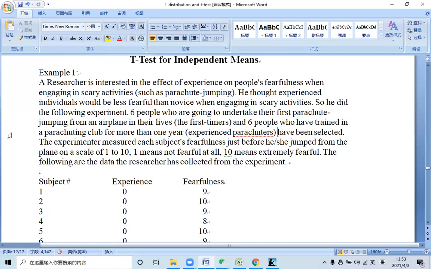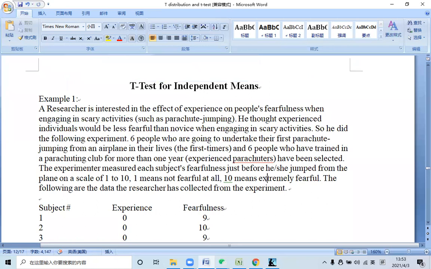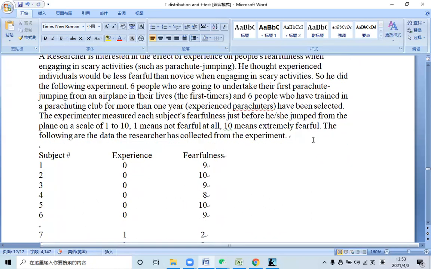And the researcher measured each subject's fearfulness just before they jump from the plane, using a scale of 1 to 10. 1 means not fearful at all, really no fear. 10 means extremely fearful, really scared, freaking out.